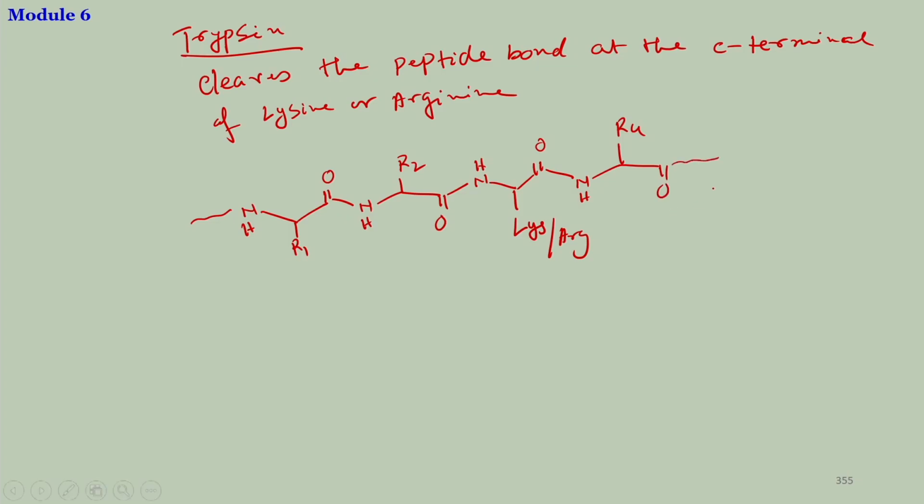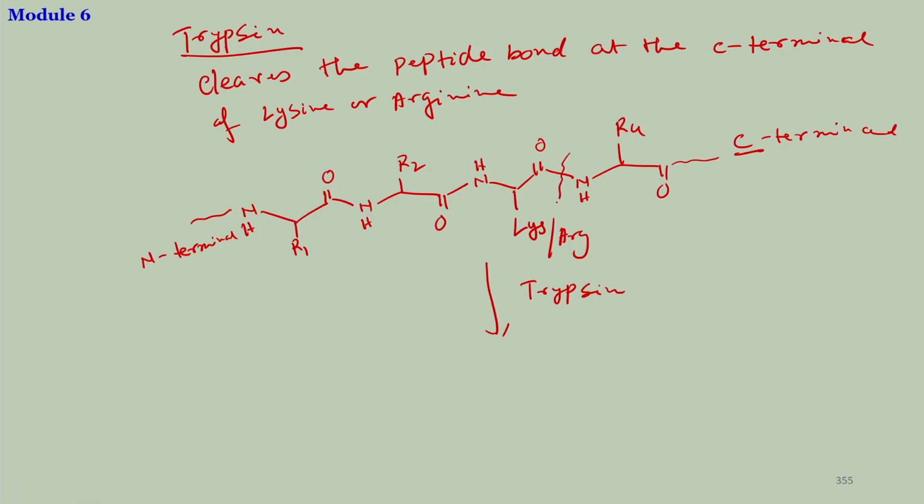So this is the C terminal, this is the N terminal. If you treat this with trypsin, then it cleaves at the C terminal of lysine or arginine.